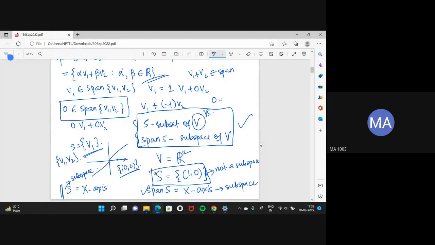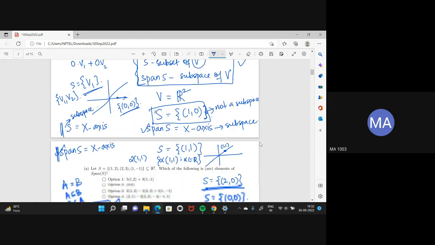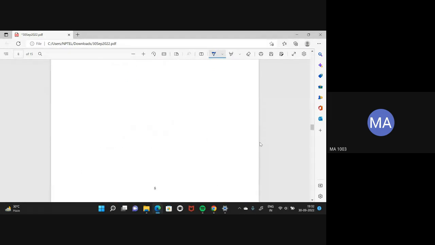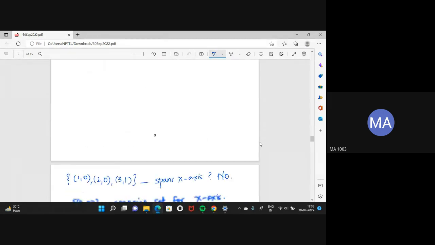Yes, 0 can always be written as 0 times v1 plus 0 times v2 plus however many vectors you have, 0 times vn, right? Is this a linear combination? Yes, ma'am. So will this be in the span of v1, v2, ..., vn? Yes. So the spanning subspace, whatever you get, will pass through the origin, right? Means 0 will lie in that. Whatever it is, a line or a plane, will pass through the origin.